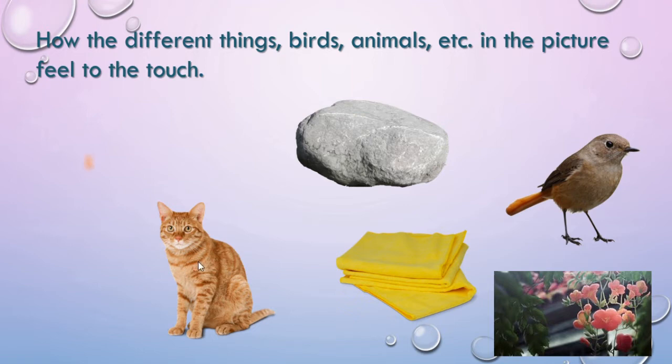That cat is very soft, stone is hard, and this cloth is very soft and smooth. The bird is also tiny and soft, right? And these flowers, they are very delicate. This sense is given by the touch, right?